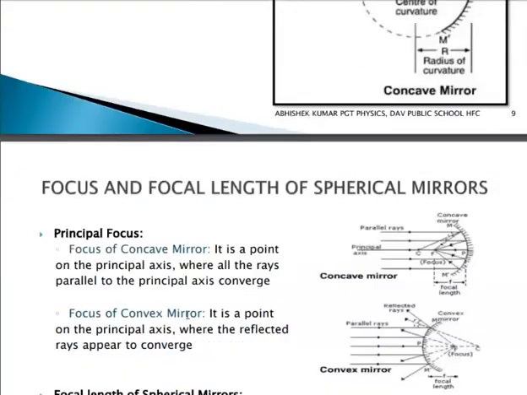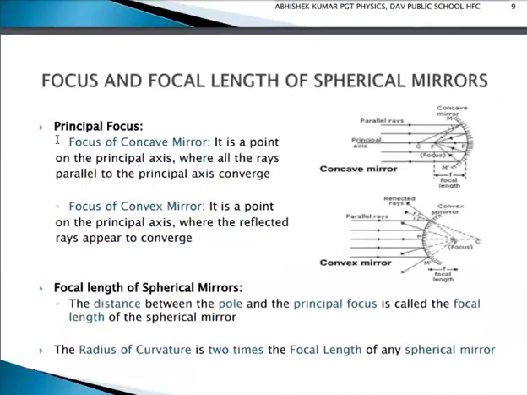Now, focus and focal length of the spherical mirror. First one, what is focus? It is defined as a point on the principal axis where all the rays parallel to the principal axis appear to converge. So first of all, you have to remember what the principal axis is.